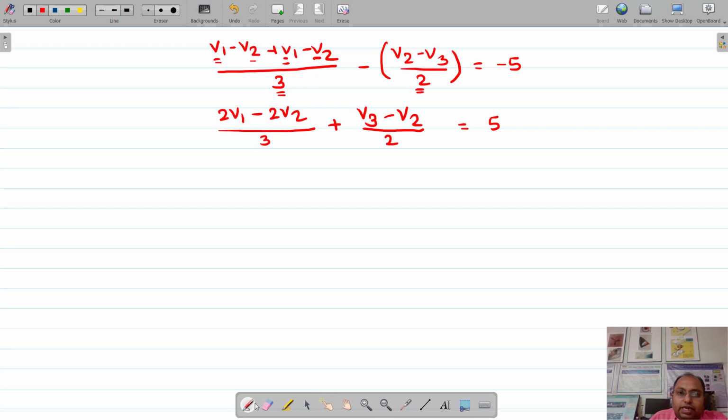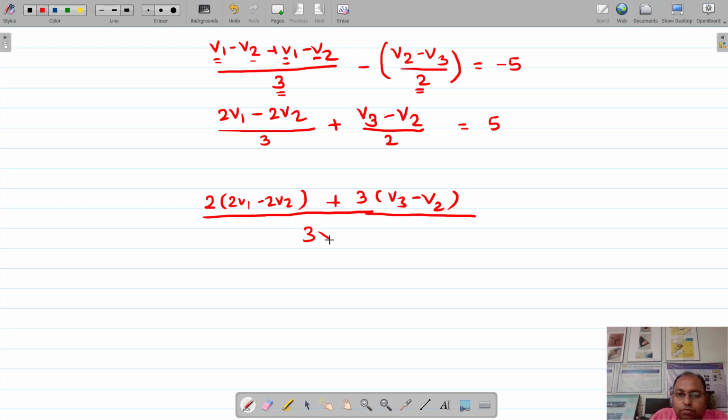Now let us do cross multiplication to make denominators common. We are going to multiply by 2 to this twice V1 minus twice V2, and we are going to multiply by 3 to this V3 minus V2, and therefore the denominator will have 3 into 2, is equals to minus 5.